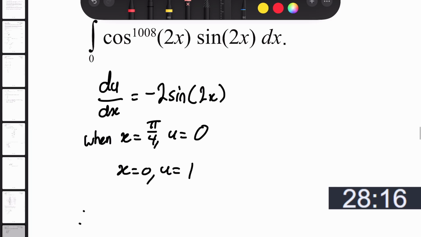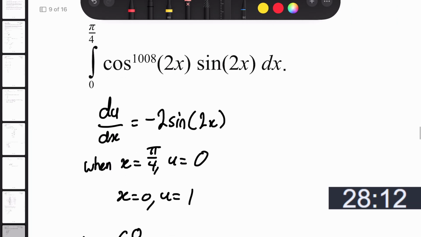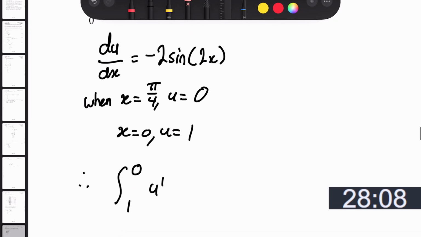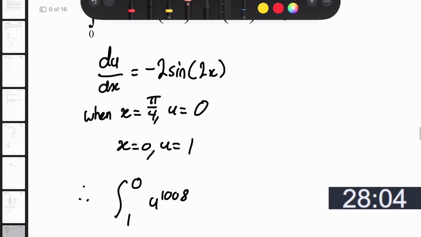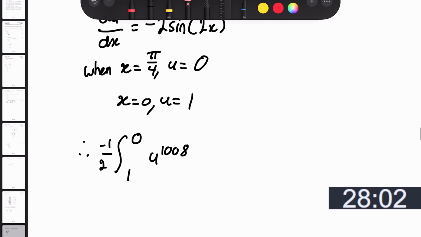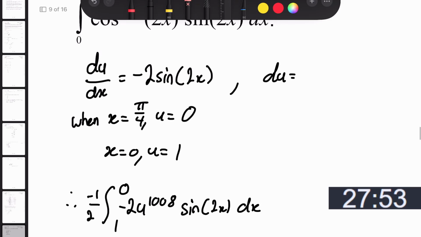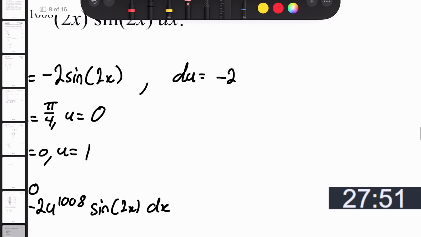So therefore I'm going to have the integral from 1 to 0 of u to the power 1008. And I need a negative 2, so I'm going to pull a negative half out here. I'll say sine of 2x dx. Here du is going to be equal to negative 2 sine of 2x dx.